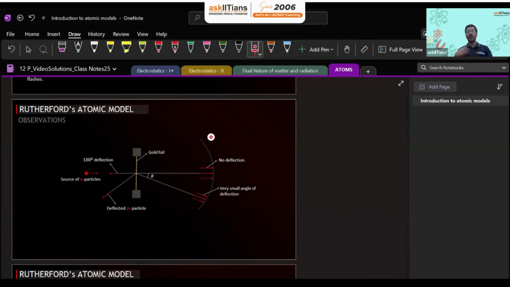The only logic behind that is that there is nothing to stop them from passing straight. That means there is a lot of space inside the atoms, because of which these alpha particles are undeviated while passing through the gold foil.